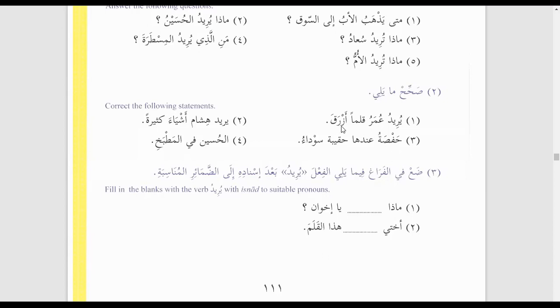Umar wants a blue pen. No, he wants a red pen. So yuridu Umaru qalaman ahmar. Umar wants a red pen. Okay. Yuridu Hisham ashya'a kathira. Hisham wants a lot of things.